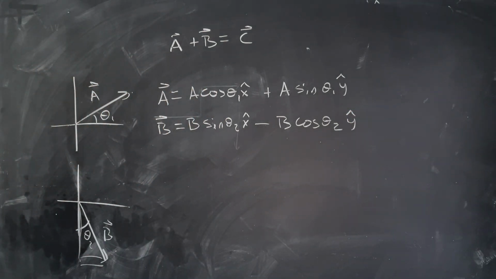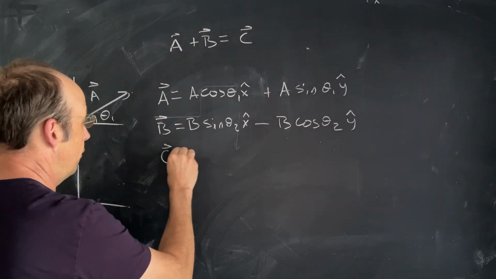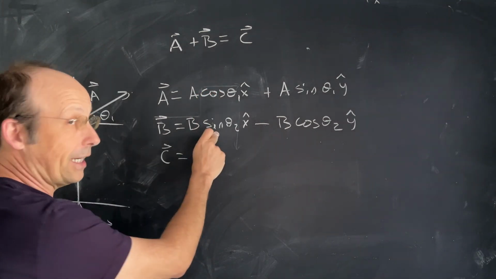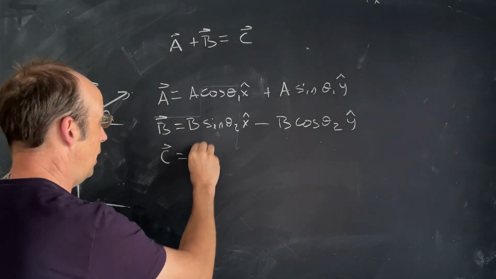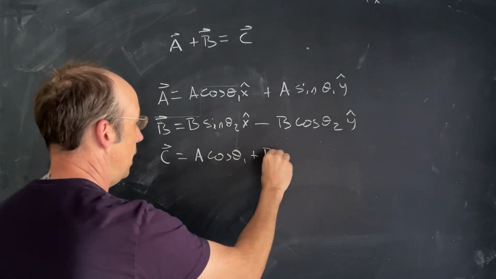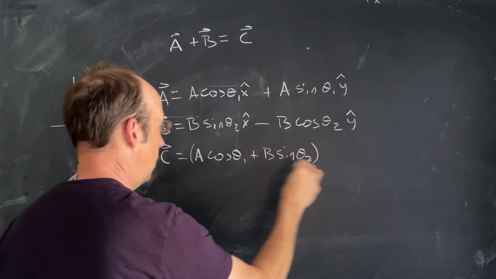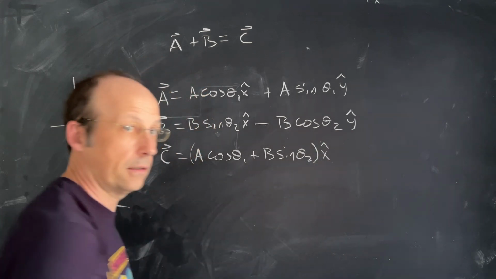And then to get the value of the vector C, it's going to be equal to this plus this. They're in the same direction, so I can just say A cosine theta 1 plus B sine theta 2 x hat.